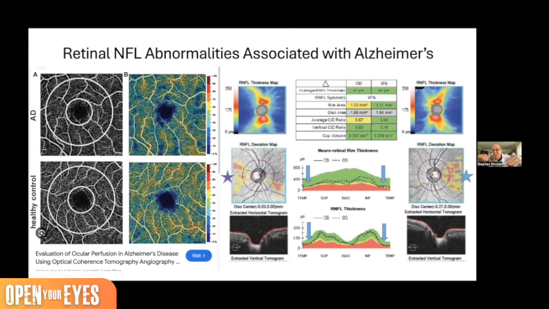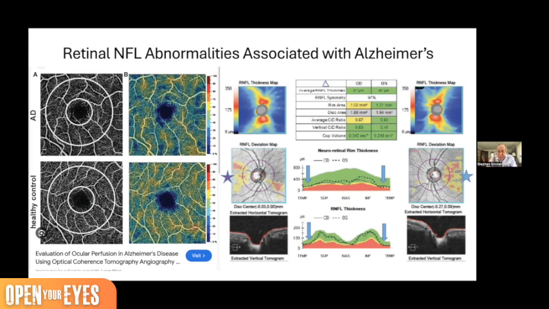We're now realizing they diffuse maybe out through the choriocapillaris, through the lamina cribrosa. So how well the blood vessels are supplying that and controlling that matters in preventing the nerve fiber layer loss, and glaucoma is now recognized to occur in a significant percentage of patients with Alzheimer's.